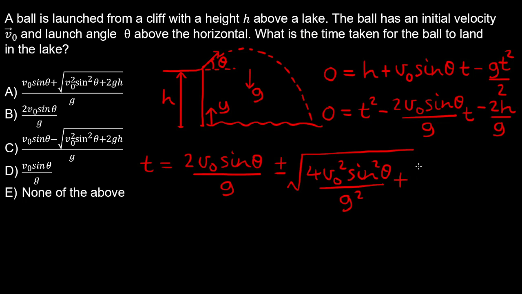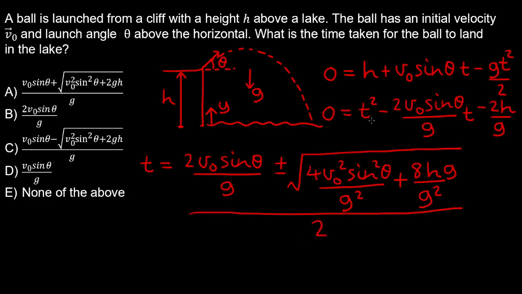So that will be plus 8h on g. And if we multiply this by g on g, we have the following expression. And that's all divided by 2, multiplied by a.